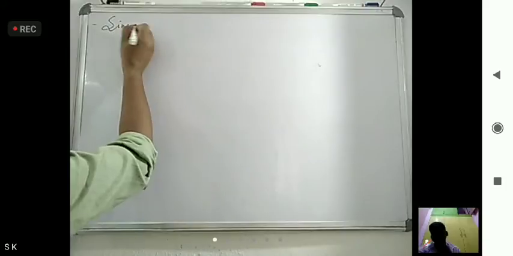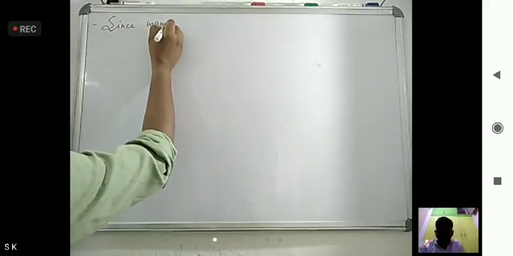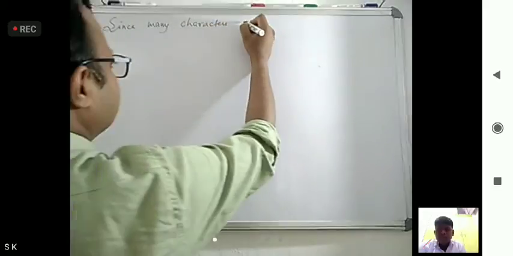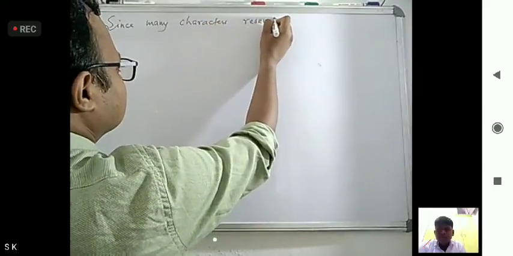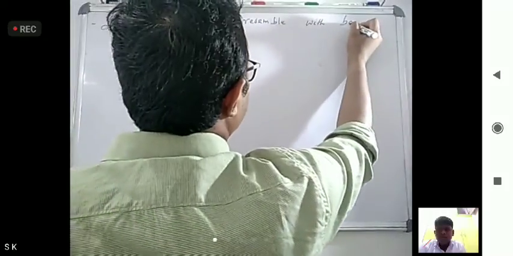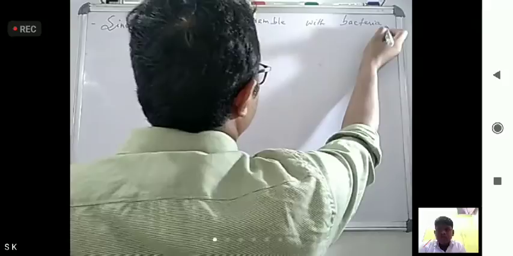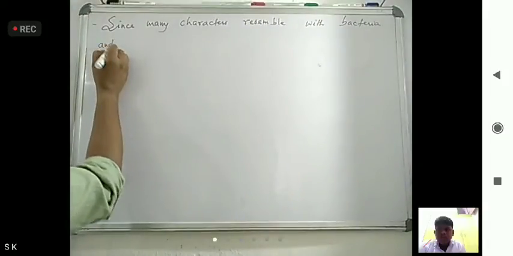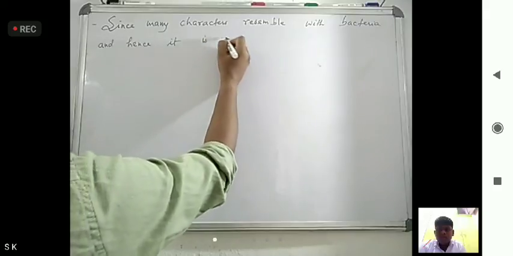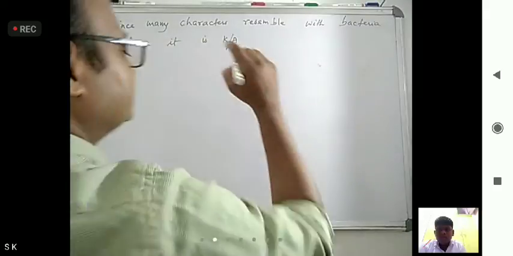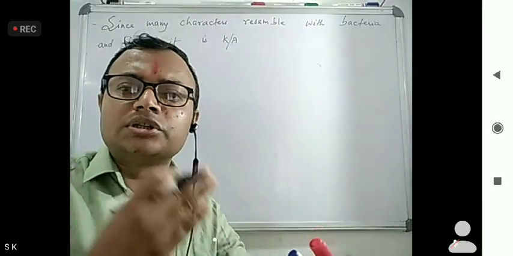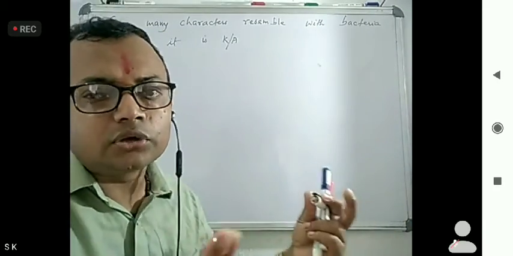Since many characters resemble with bacteria, hence it is known as bacteria with their coats off. Why coats off? Because cell wall not present.